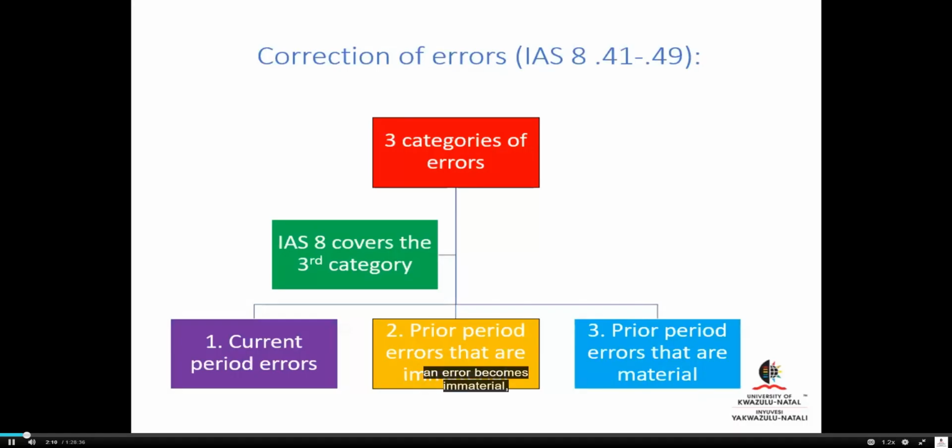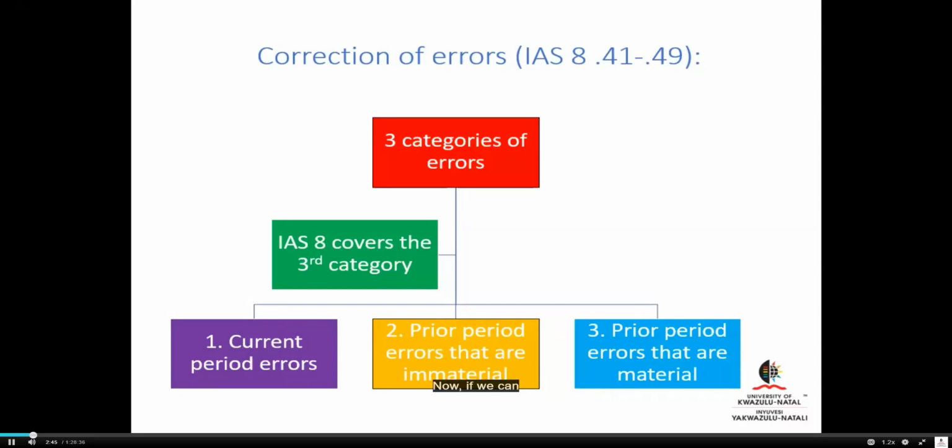And we said that at this stage, we'll provide you signals on whether it is material or immaterial. But what we need to understand is how we adjust for errors if they are immaterial. The third category is prior period errors that are material. These are the types of errors covered in the standard that we started last week, which is IAS 8. So it covers three categories.